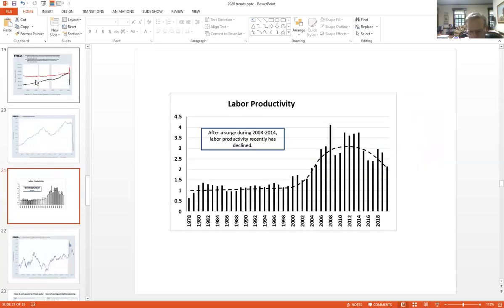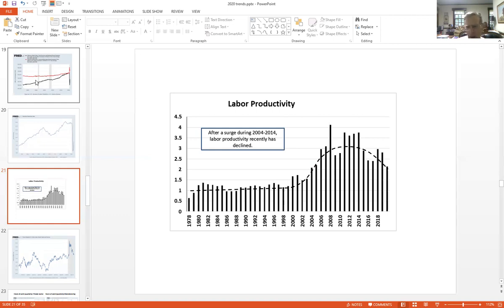This is a longer-term trend in labor productivity, and it's the output per hour worked. And you can see that things were going on really well through about 2014.